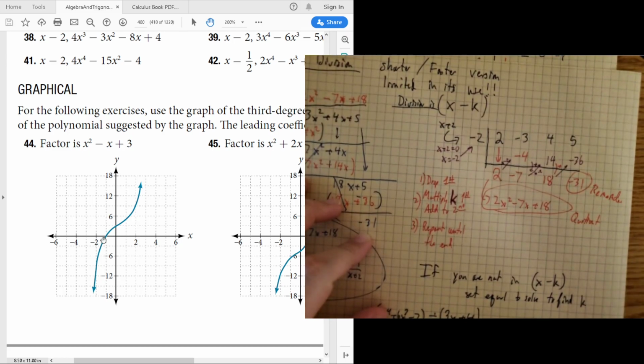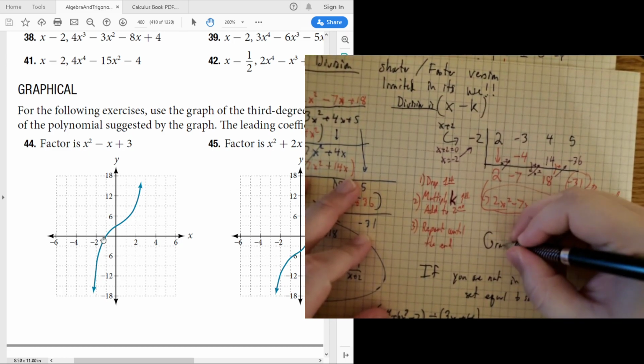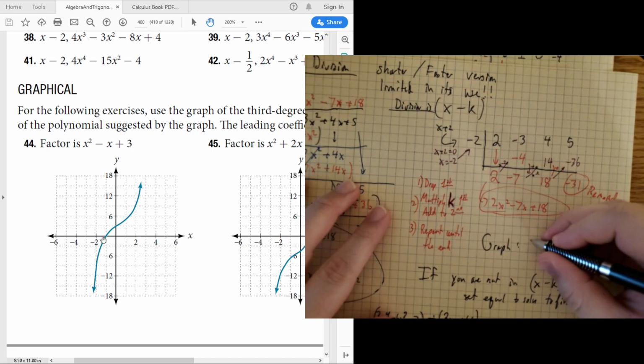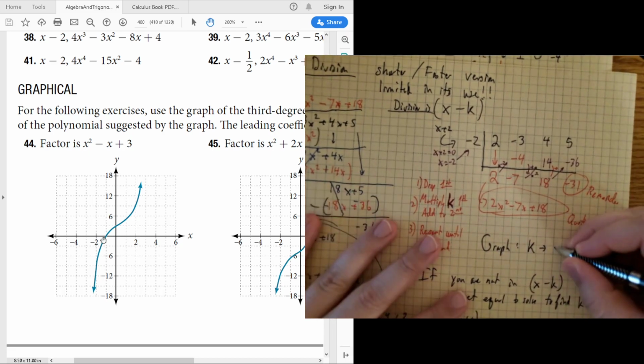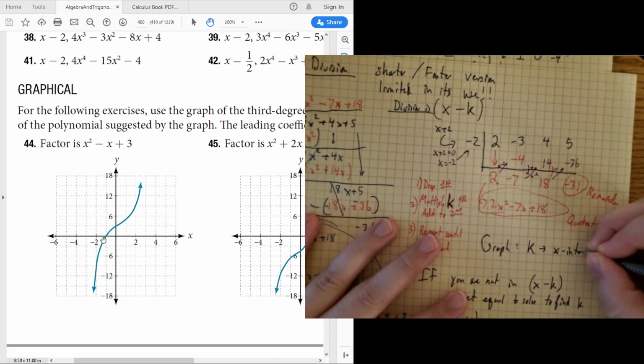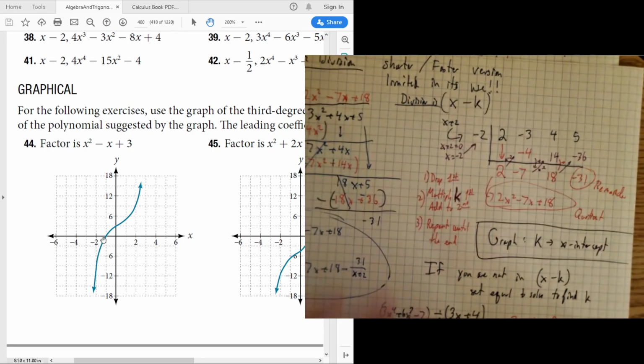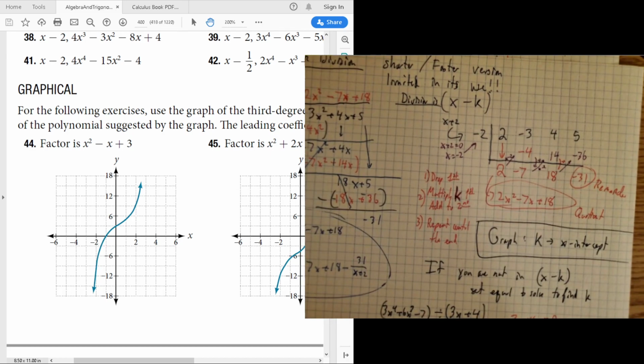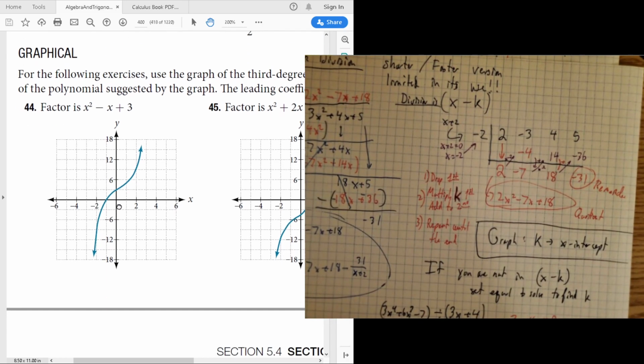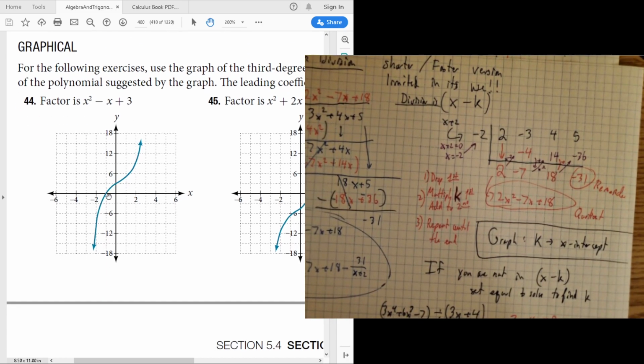If you're given a graph, your k is just your x-intercepts. Last big part of your notes there. If you're given a graph, your k is your x-intercept. So in this example, negative 1 is going to be my k, because negative 1 is the number that I would use as my x-intercept.